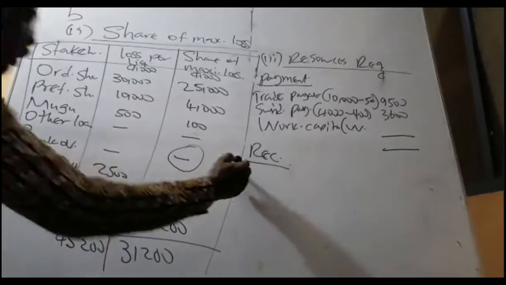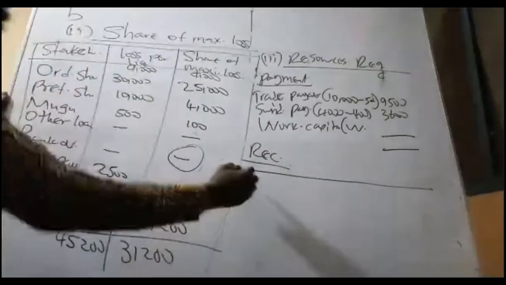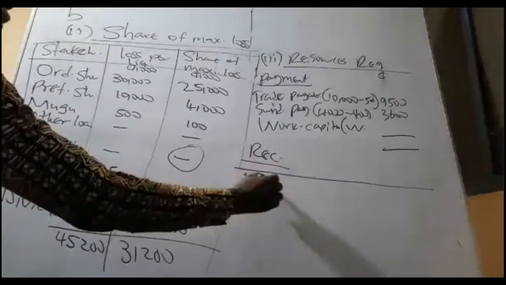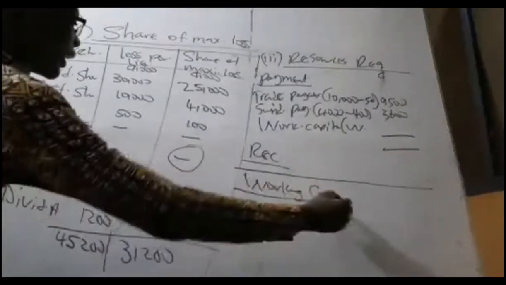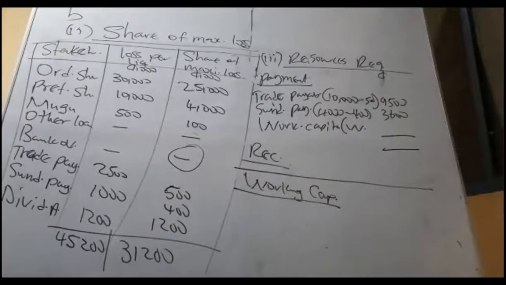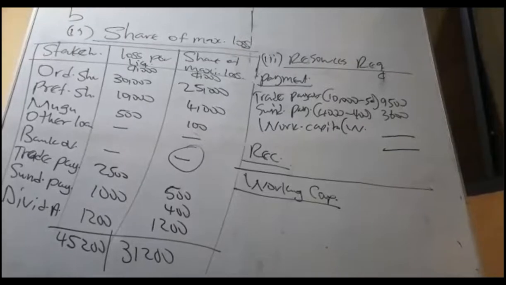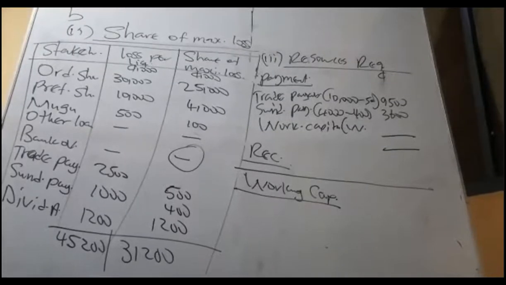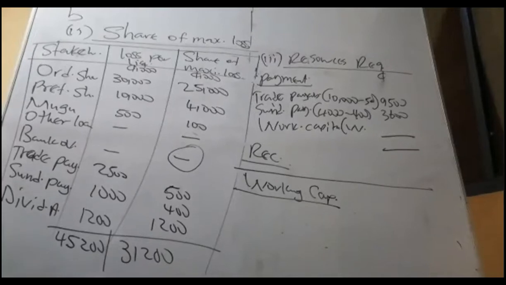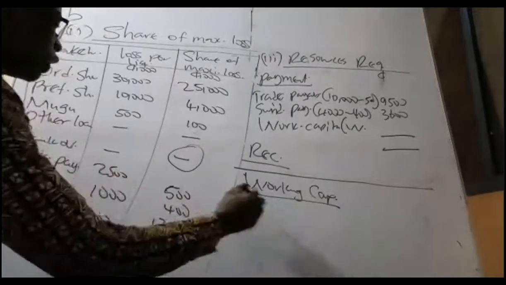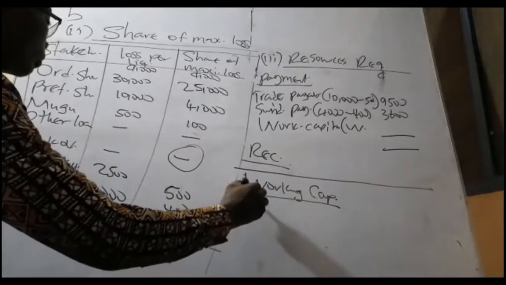So let me underline here. That is another working capital requirement. Working capital requirements. First, you list all your assets, your current assets and your current liability in the new business. First, you can start with the current liability.